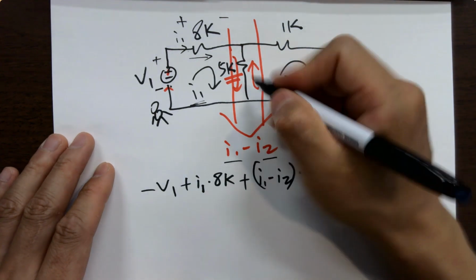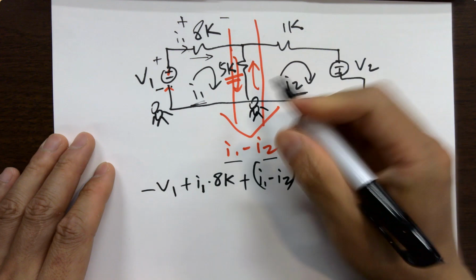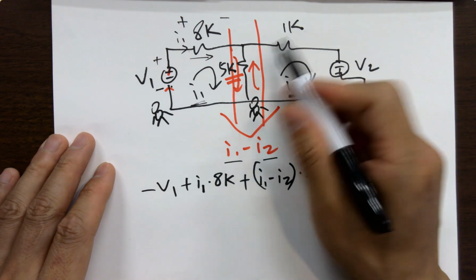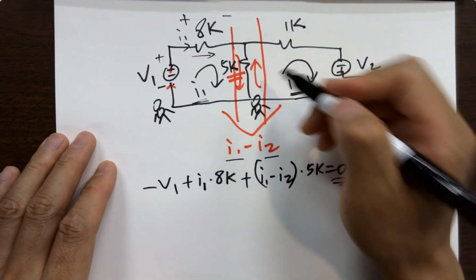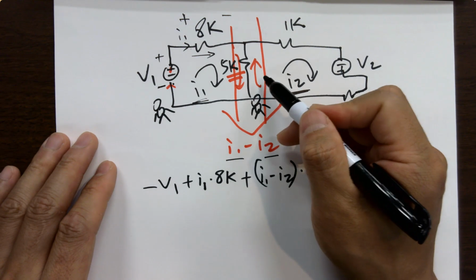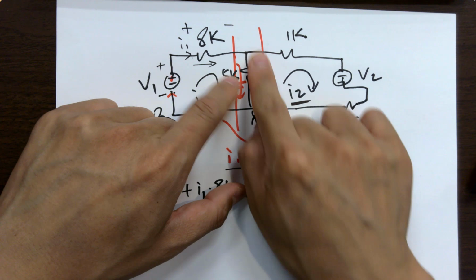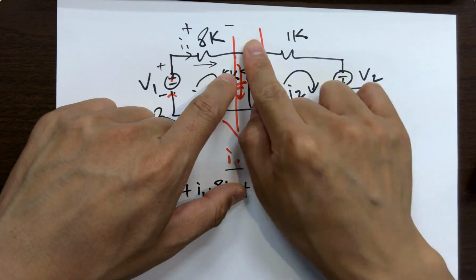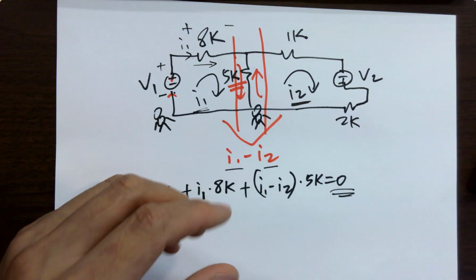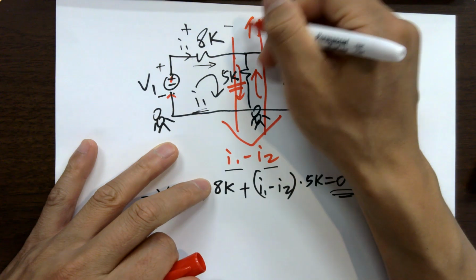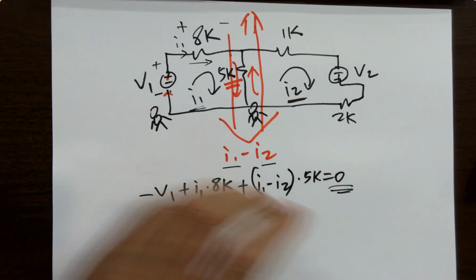Same for this one. You have a little guy here, start traveling. Which one to start with? So now you are looking in that direction, right? So let's use I2. Now I2 is dominating, or we are looking at the overall current flowing up, right? So we use I2 minus I1.